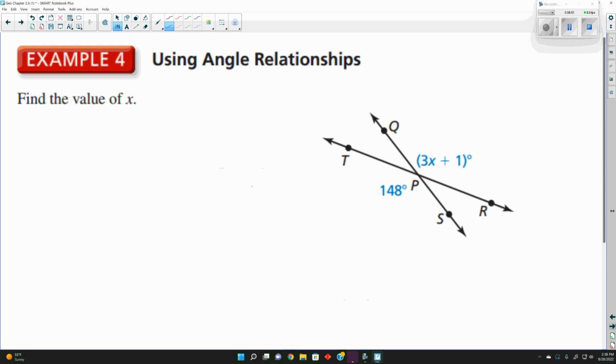Let's look at this one here, guys. What do we know about vertical angles? They're the same. So 148 and 3x plus 1 are the same, so we can say 3x plus 1 is 148 degrees. Vertical angles are congruent, so they're going to have the same measure. We can set them equal to each other and then solve for the value of x. So we can subtract 1 from both sides.